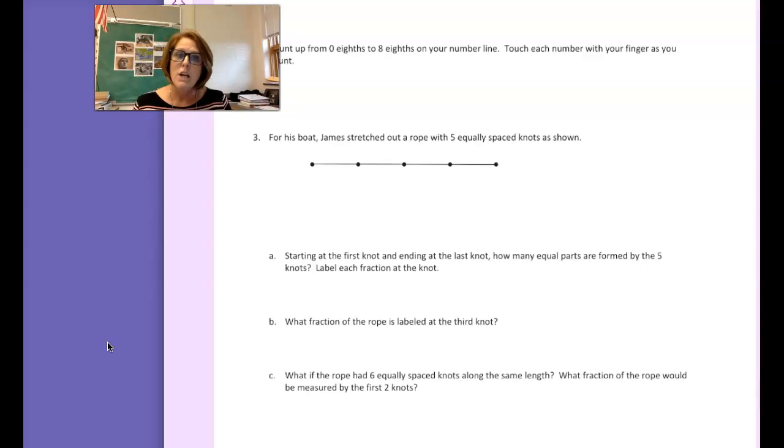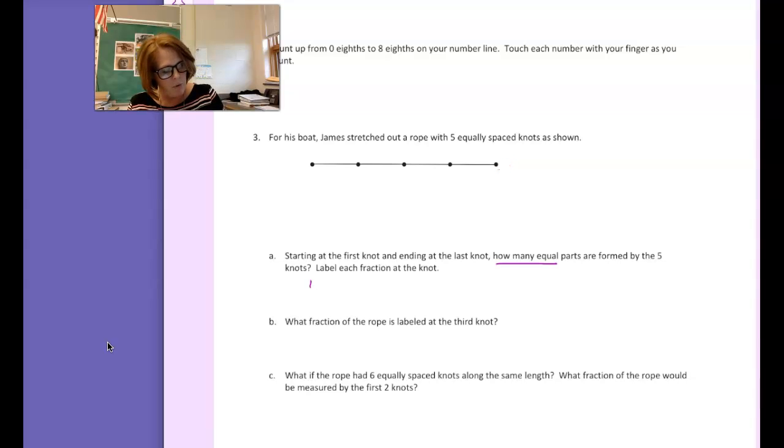Letter A. Starting at the first knot and ending at the last knot, how many equal parts are formed by the 5 knots? Label each fraction at the knot. So they're first asking us how many equal parts? Well, there's 1 part, 2 parts, 3 parts, 4 parts.